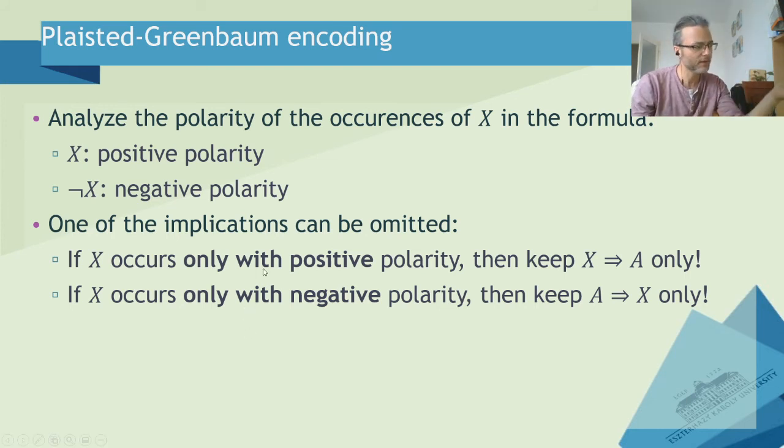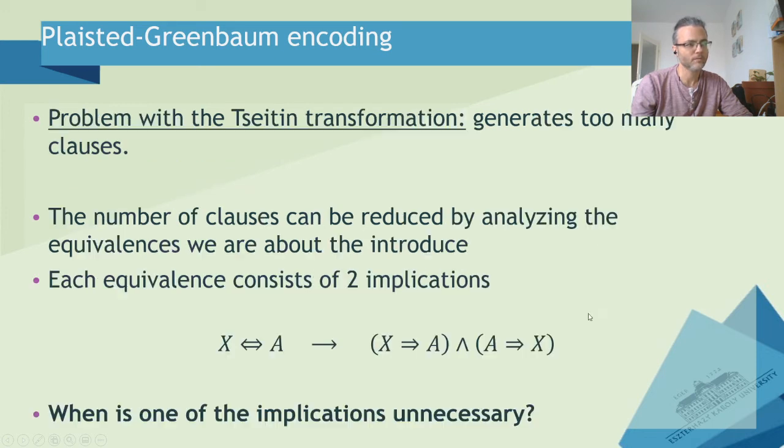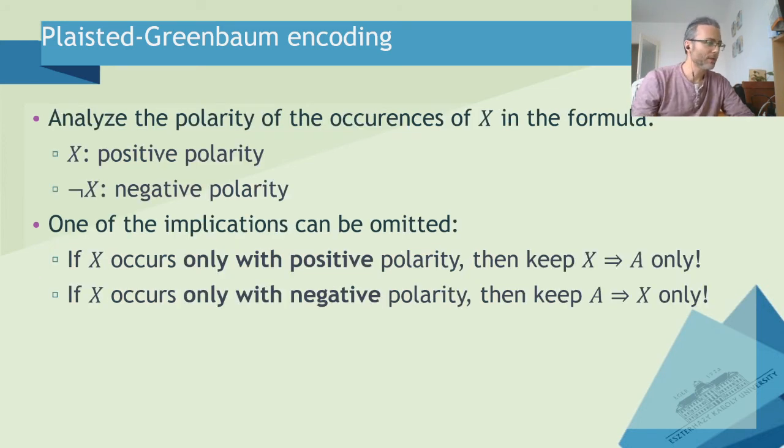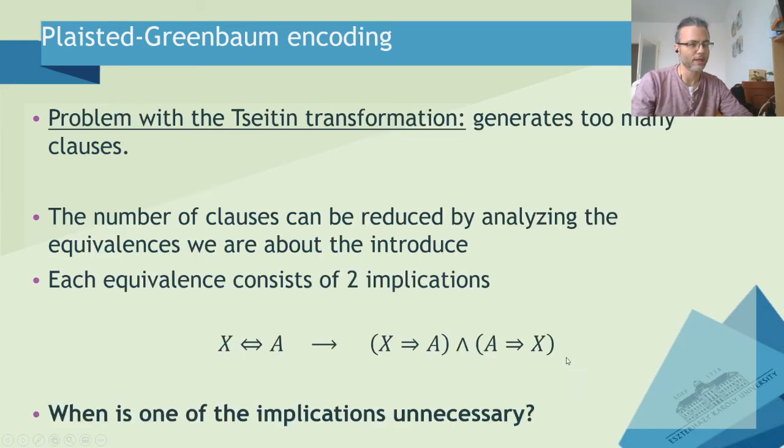So if you find out that x occurs only in a positive form, then you keep only the first implication. So this one. This means you can simplify the second implication out. This is really cool. You will see that. The other way around, if x occurs only in a negative form, then you keep the second implication, and you simplify with the first one.